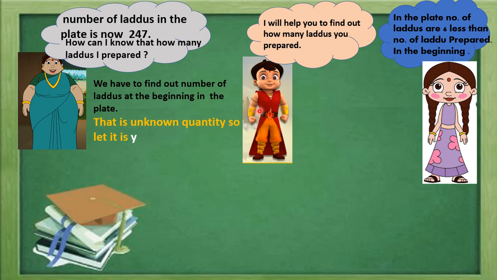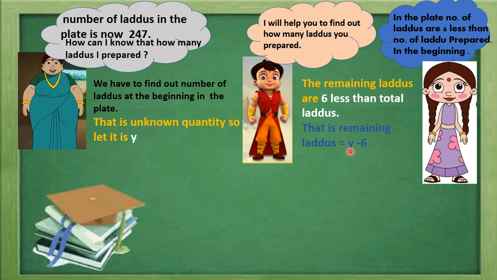So let the unknown quantity be y. So the number of laddus in the beginning is y. What Chutki is saying is, the remaining laddus are 6 less than the total laddus. So previously it was y laddus and 6 less, that means y minus 6 laddus are now present. That means the remaining laddus at present in the plate is y minus 6.